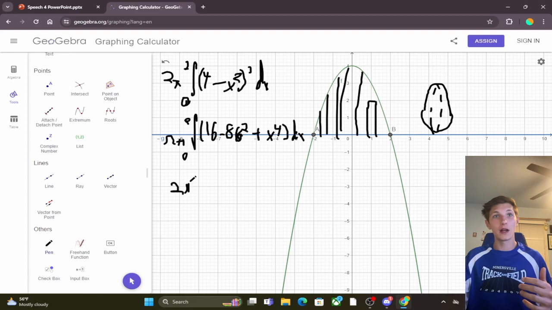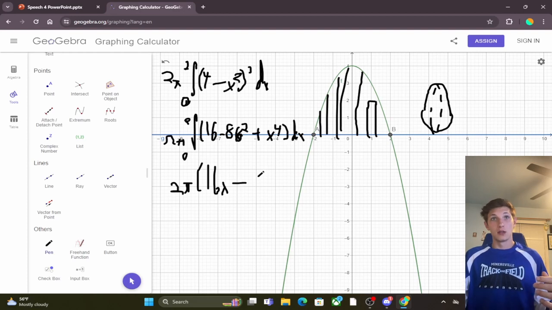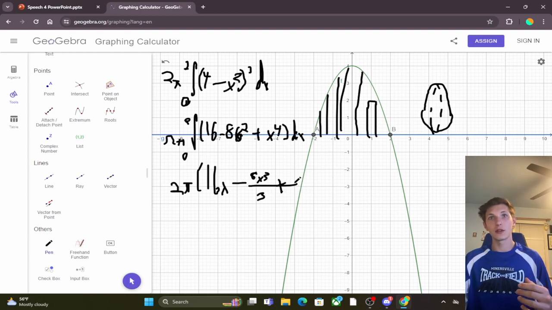So 2 pi multiplied by 16x minus 8x cubed over 3 plus, that's a little poorly drawn, but you get the idea, x to the fifth over 5, evaluated at 0 and 2.